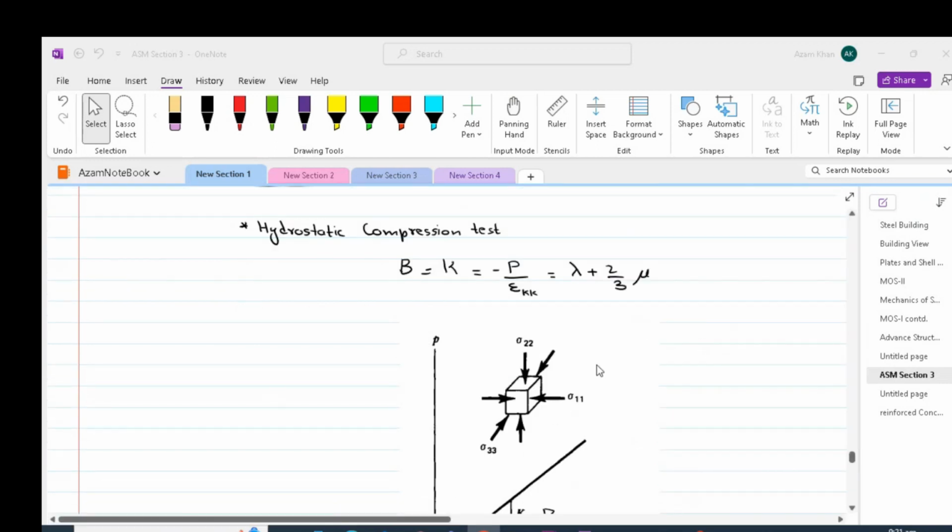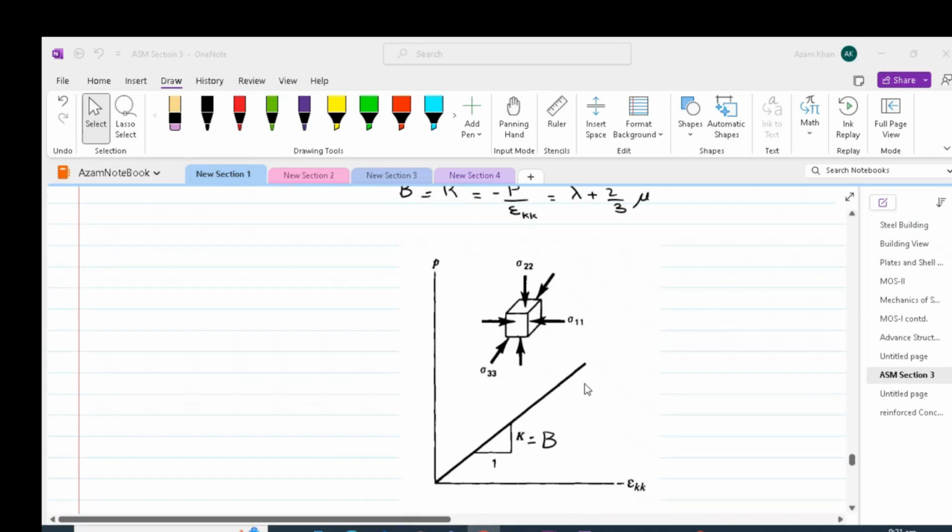So essentially, what that test is, that we take an element of a specimen, so that can be a cube element taken out of concrete or cast in concrete, and then we apply hydrostatic force on it, equal force on it, and see where it crushes or work out its strength.